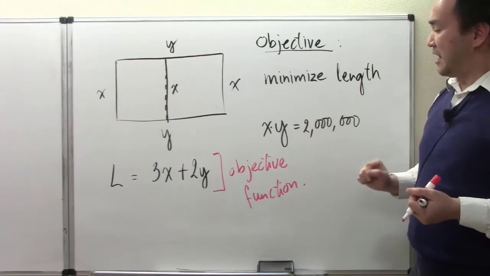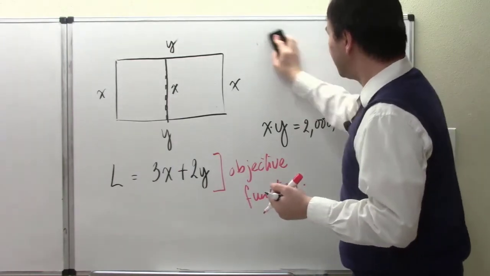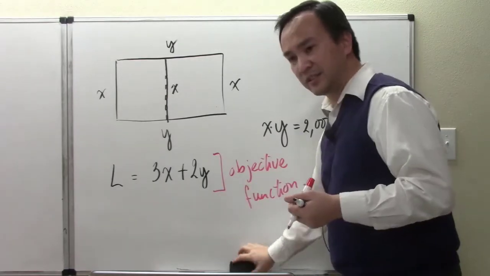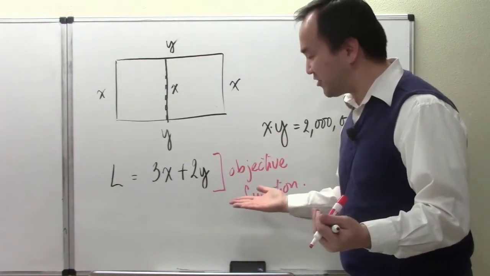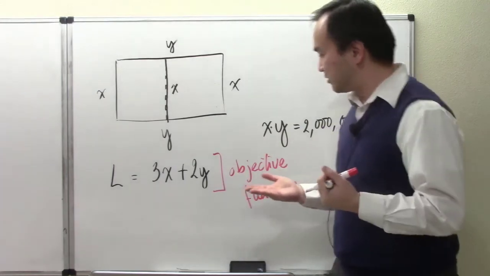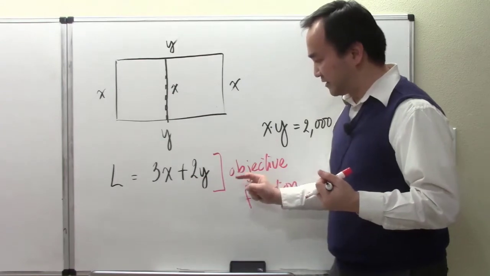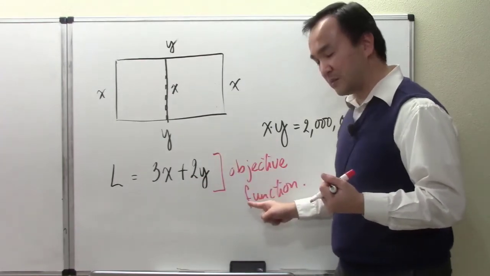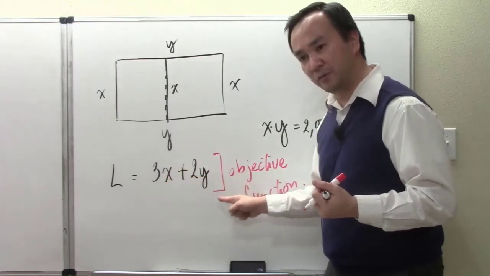Okay, and now once we came up with our objective function, here is how it goes. A lot of the time, when you are doing a real world applied optimization problem, your objective function comes as a function of more than one variable.